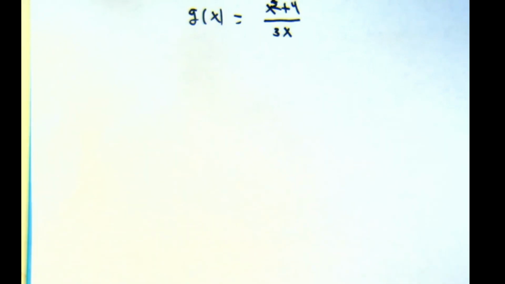I'd like to go back and think about my g of x equals x squared plus 4 over 3x function. I'm going to try to find a fixed point of it using this fixed point iteration. Now, of course, we already know what the answer is, but I'm pretending that I don't here.